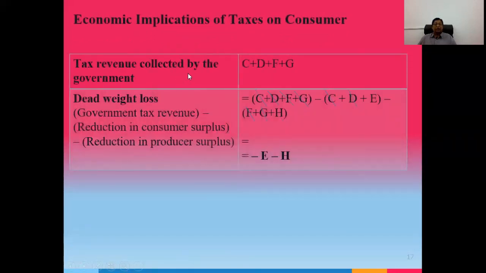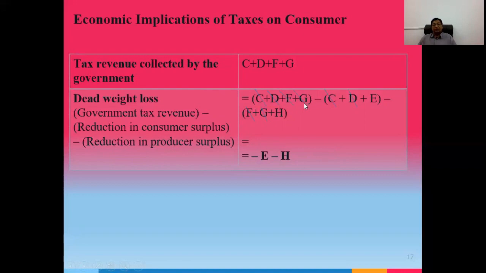Then tax revenue collected by the government, as I explained with the help of the diagram, is given by the area of C plus D plus F plus G. Then deadweight loss of this tax policy. Deadweight loss can be measured by subtracting the reduction in consumer surplus and reduction in producer surplus from the government tax revenue.